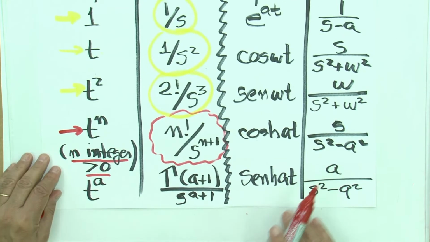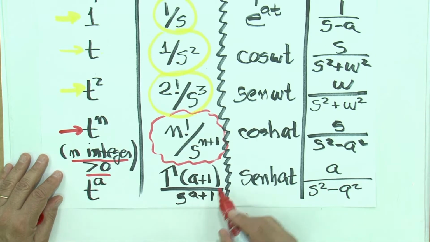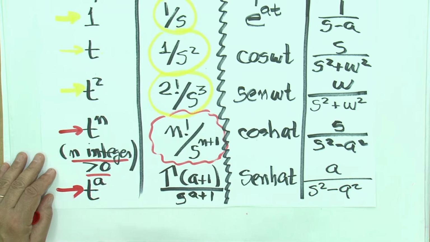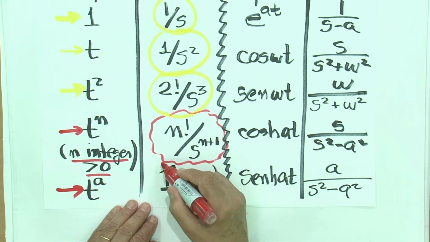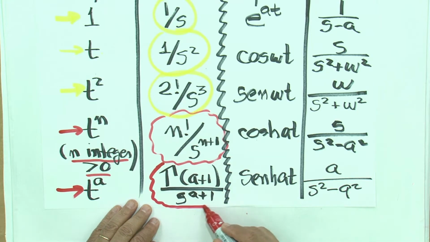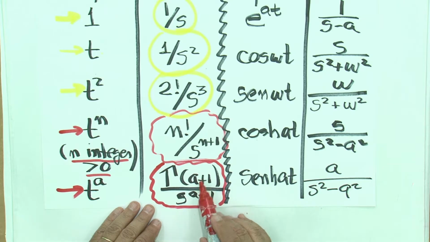Okay? And in general, when this is not an integer, we have to define t to the a, with a generic a, normally in terms of the gamma function divided by s to the a plus 1.